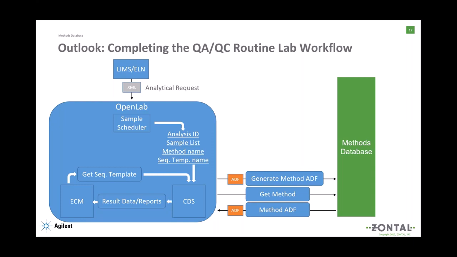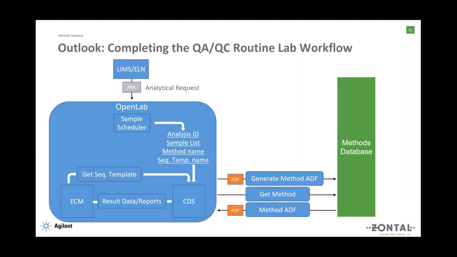The CDS performs the analysis, generates the result data and the reports after this, and sends these, for example, to an ECM. And so then the loop is closed, you have everything done, and methods are kept separate and vendor agnostic in the methods database, and all the rest is handled over the OpenLab space.